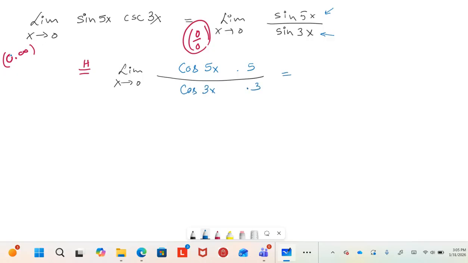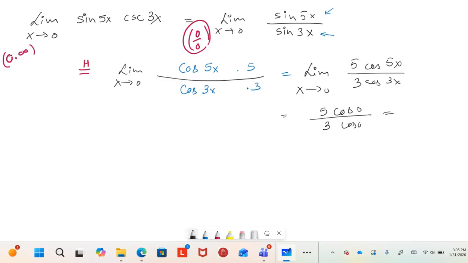So we have the limit as x approaches 0 of 5 cosine 5x divided by 3 cosine 3x. If we try to put in 0 in there, 5 cosine 0 by 3 cosine 0. Cosine 0 is 1. Cosine 0 is 1. The answer should be 5 by 3.